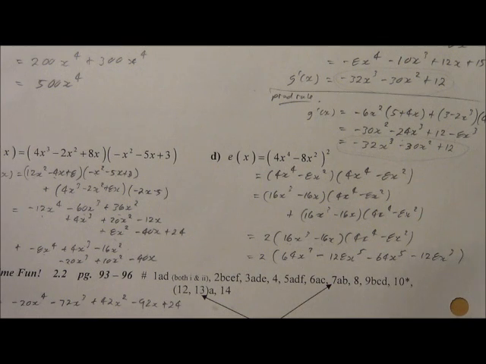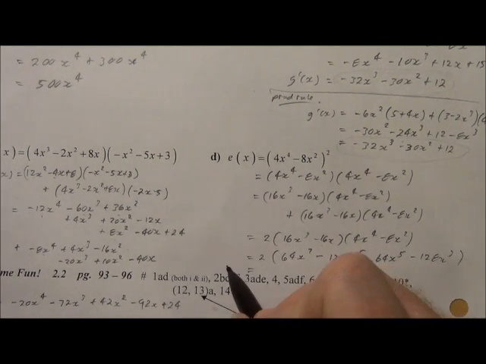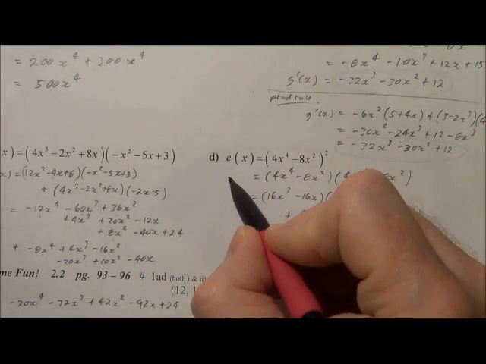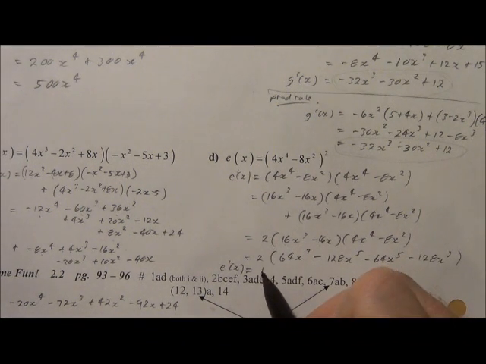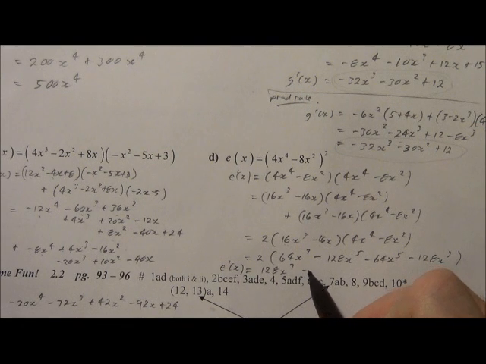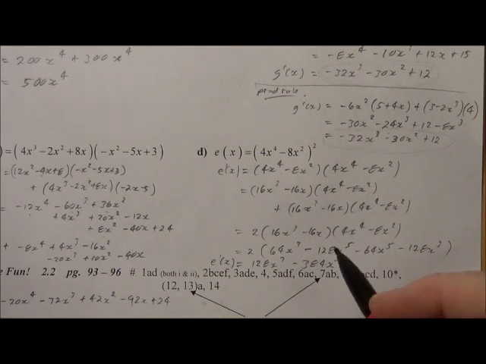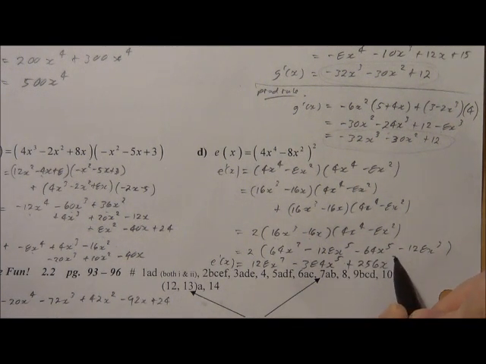And then we multiply all this stuff together, and we end up getting e prime of x, and that's 128x to the power 7 minus 384x to the power 5, plus 256x cubed.